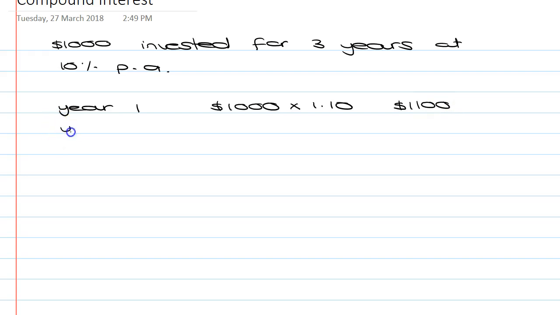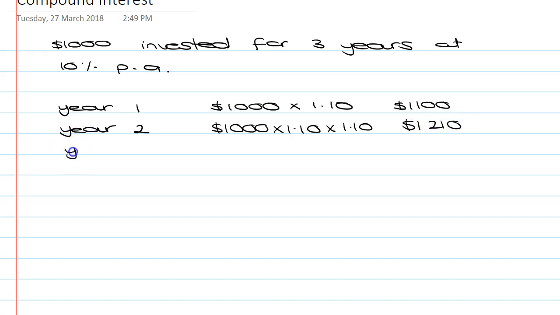Now let's have a look at what happens at the end of the second year. At the end of the second year, we'll have this money here, which was made by 1,000 multiplied by 1.10, and we're going to increase that amount at the end of that year by another 10%. So I'm going to multiply by 1.10 again, and that gives me the total of $1,210.